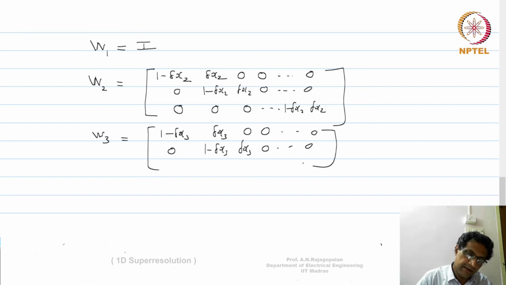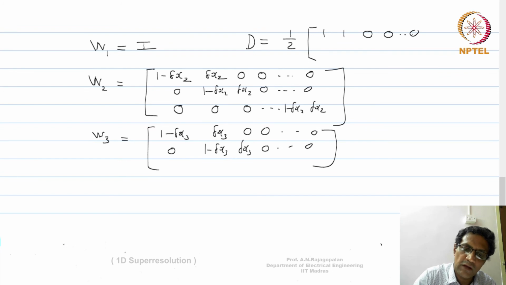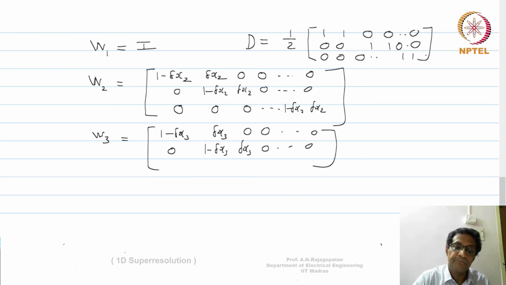What about D itself? D is this special matrix, which is a downsampler and averager. Therefore, for the 1D case, it will be 1, 1, 0, 0, all the way up to 0, 0, then 0, 0, 1, 1, 0, 0, and so on, all the way up to 1, 1 at the final values. So when you look at yi equal to D Wi x, this is what you mean.